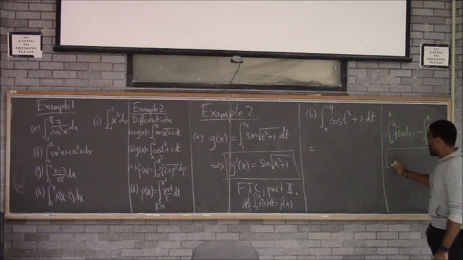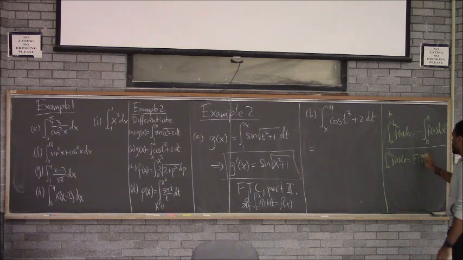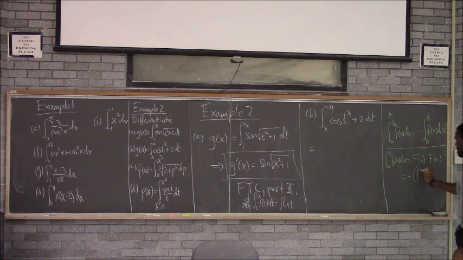If I have the integral from a to b of f of x dx, this is going to be big F of b minus big F of a. What I could do is just factor out a negative. That would look like big F of a minus big F of b. And by the fundamental theorem of calculus, remember that the guy that goes first is the guy on the top limit. The guy that goes last is the guy on the bottom limit.